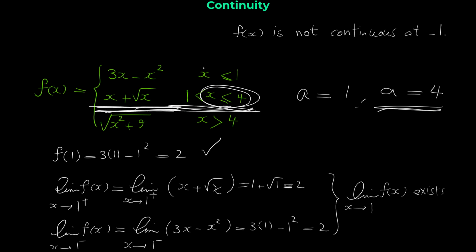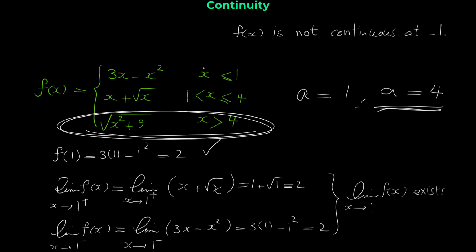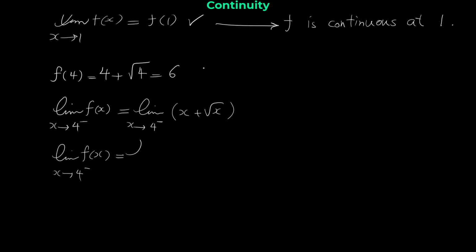And when x approaches 4 from the left, x is close to 4 but less than 4, so we have to use this equation to find the limit. For finding the limit from the right, we use this equation, radical x² plus 9. So this would be the limit of radical x² plus 9 as x approaches 4 from the right.